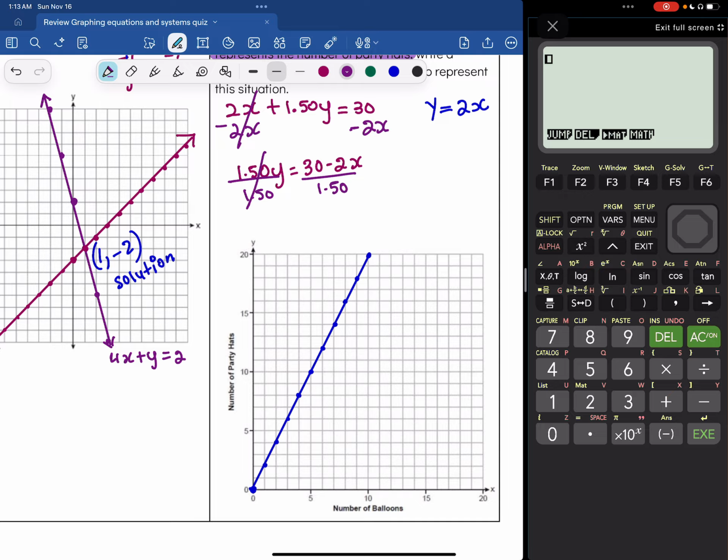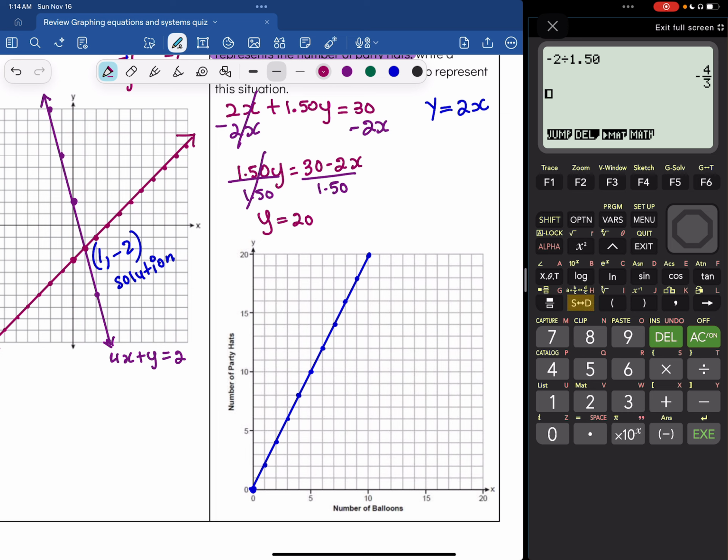Last step to get y by itself here is to divide both sides by 150. This cancels, and I'm left with y is equal to 30 divided by 150 is 20, and then -2 divided by 150. We don't want to work with decimals when we're graphing here, so let's put that in the calculator to get a fraction. -2 divided by 150. What is it, like -1.333? Let's convert that to a fraction.